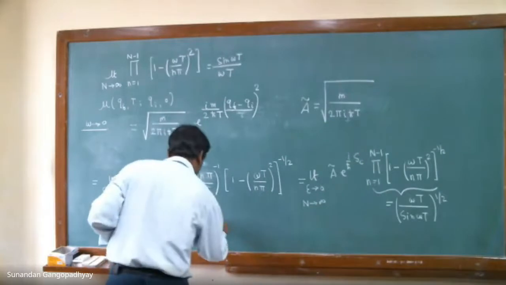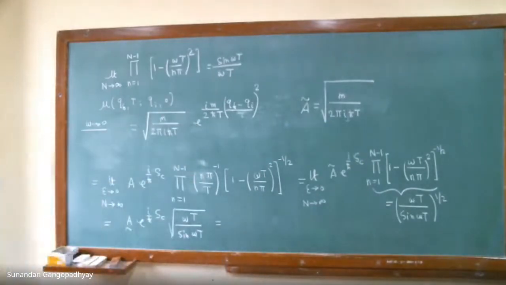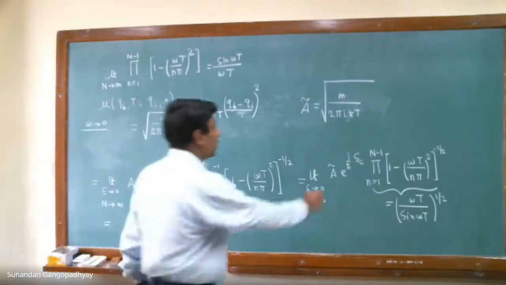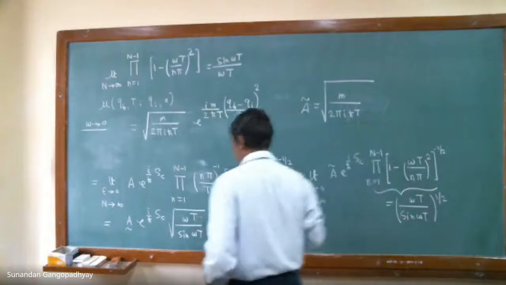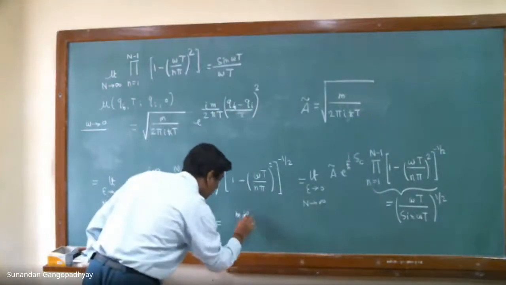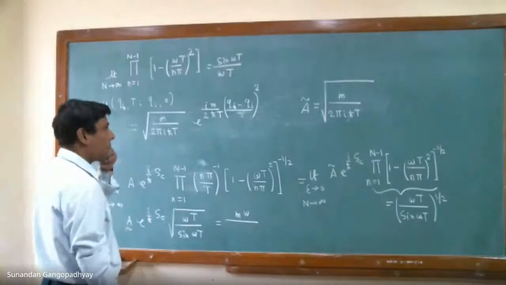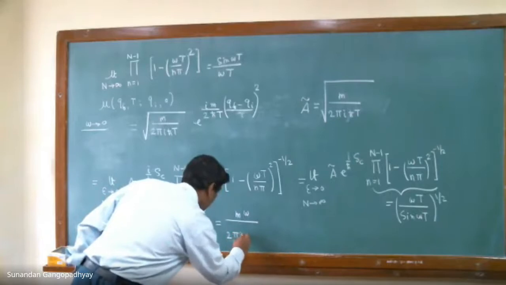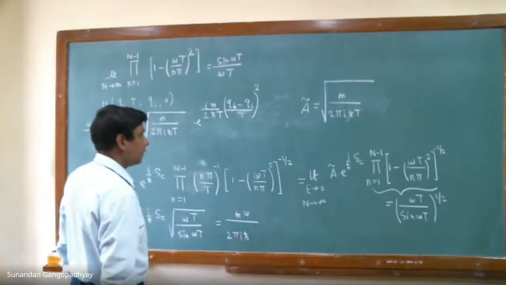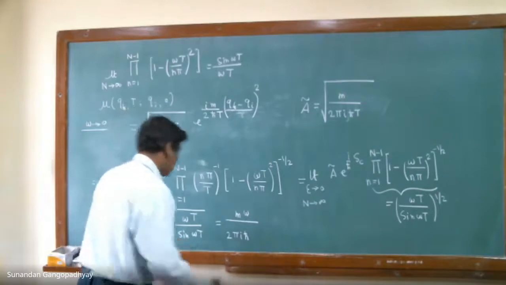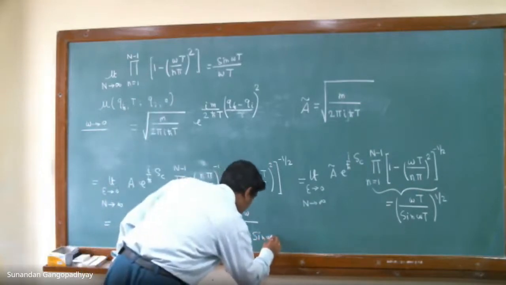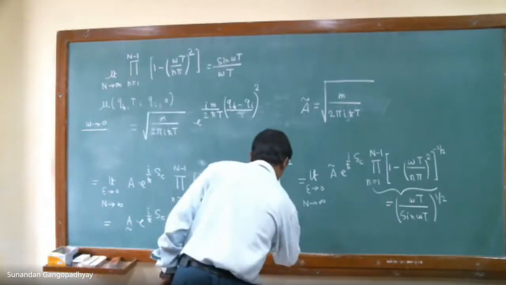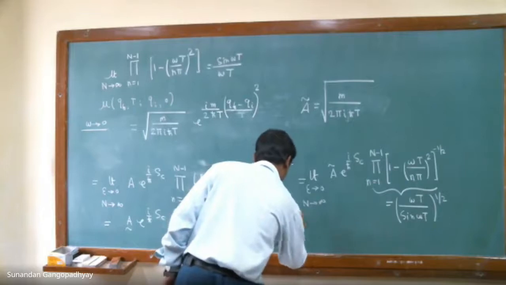And therefore now you just put A tilde over here, and what we shall get is, this T that you have will cancel with this T. And therefore we will have square root of m omega by 2 pi I h bar sine omega t, into e to the power of I by h bar times the classical action.